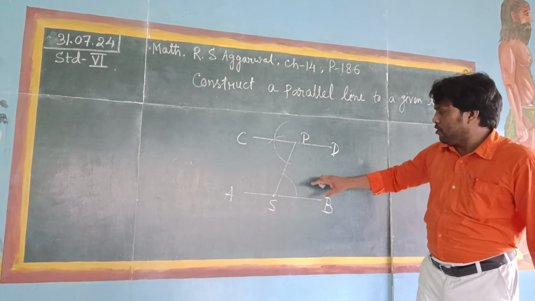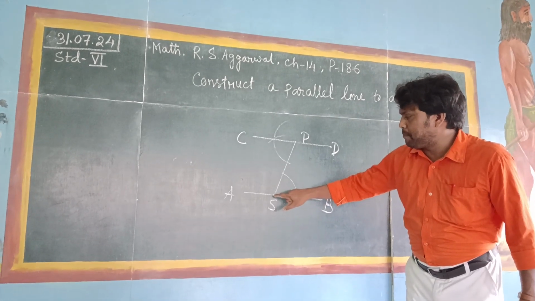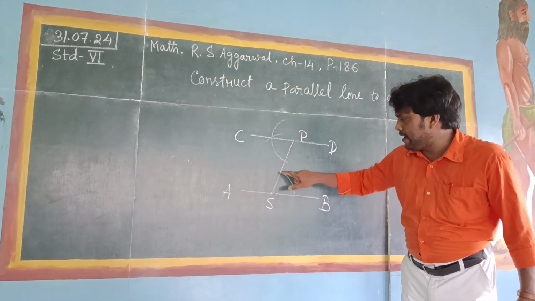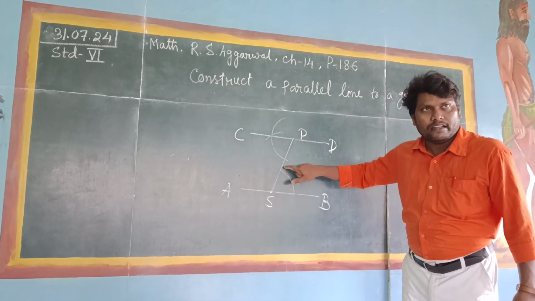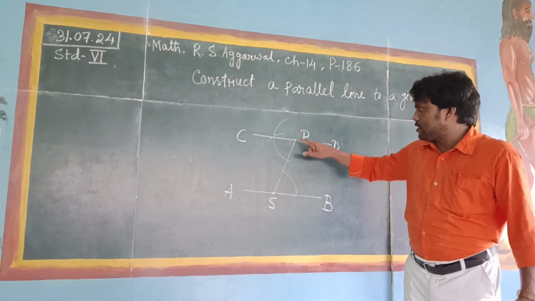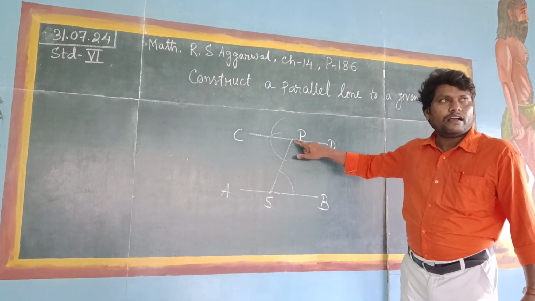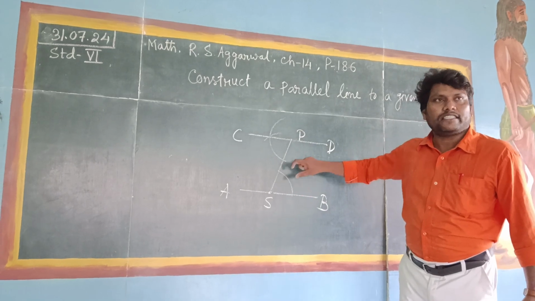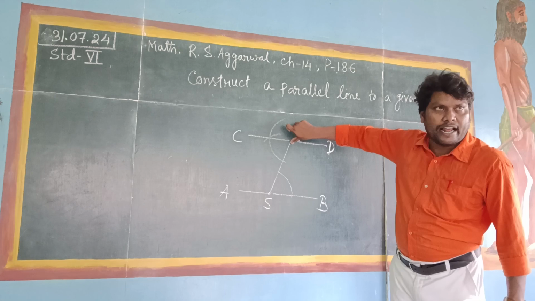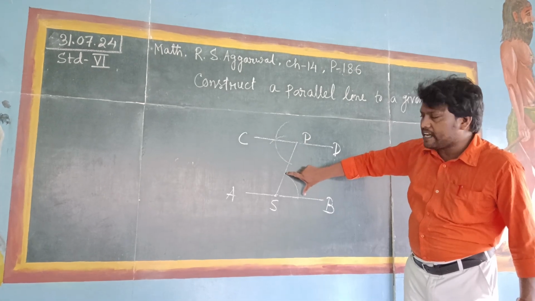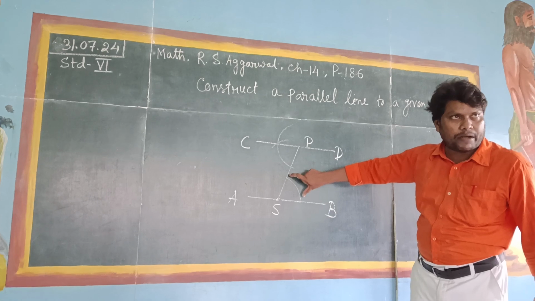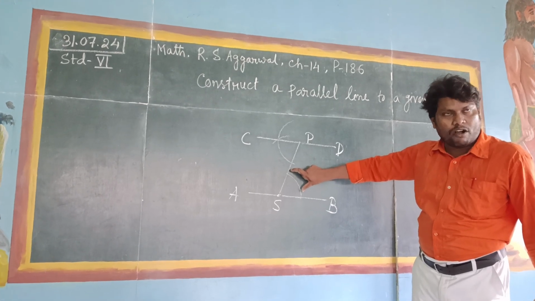At first I placed the needle of the compass here and took an arc through the point P. Without changing its radius, I also made an arc here and measured the opening part with the pencil compass.